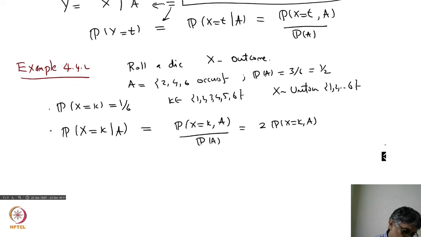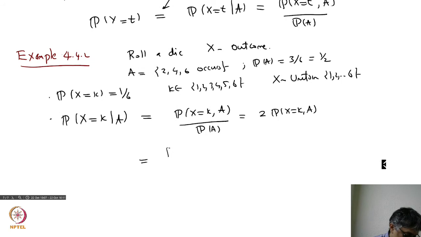Now if you go a little bit further, if k is odd, X equal to k and A doesn't occur. That's 0. Nothing happens. If k is even, then the chance is just that number. This is a simple exercise.